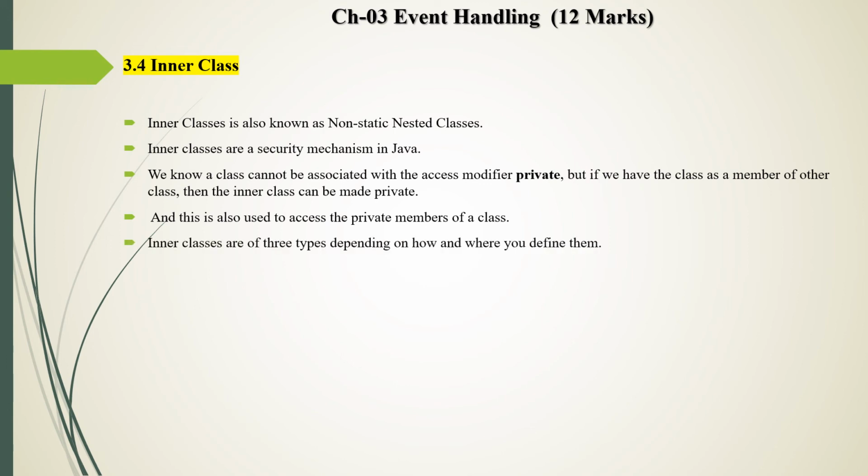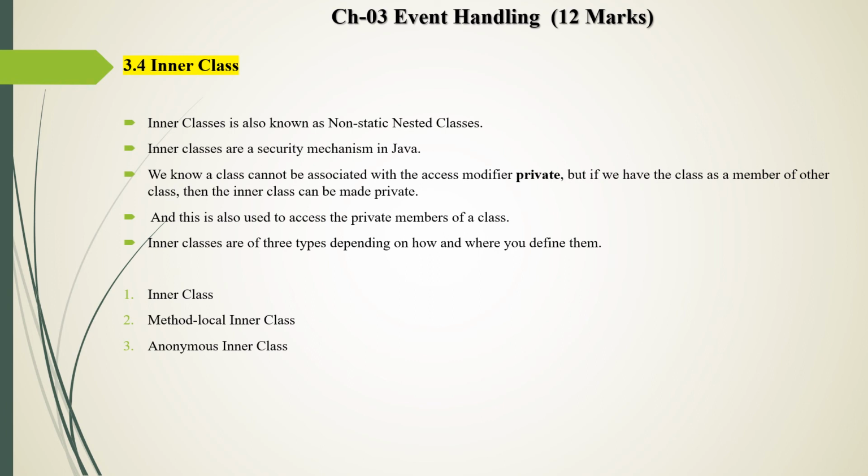Inner classes are of three types depending on how and where you define them. These types are: first is inner class, second is method local inner class, and third is anonymous inner class. So in the first type, we can define one class in another class.